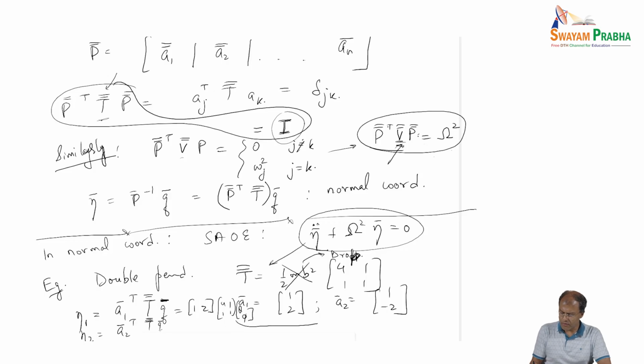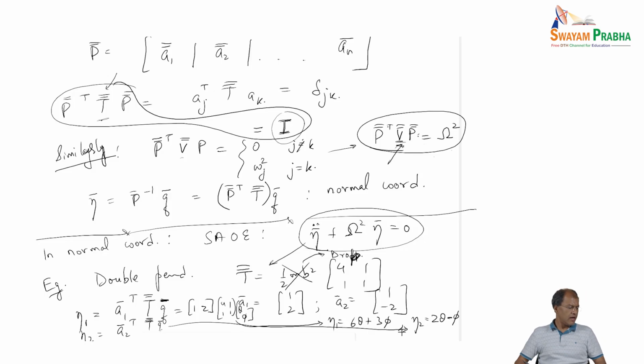After all this multiplication, our coordinate eta 1 comes out to be 6 theta plus 3 phi. Similarly, we do the same exercise and we see that eta 2 is 2 theta minus phi.